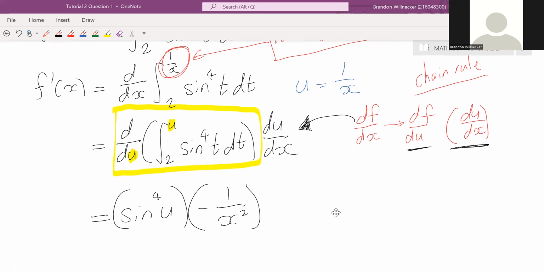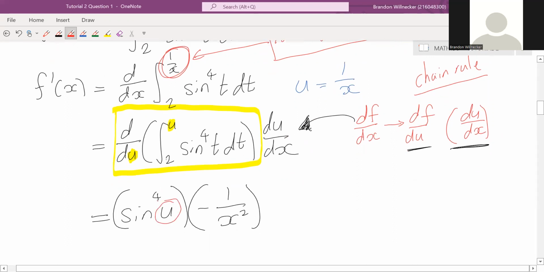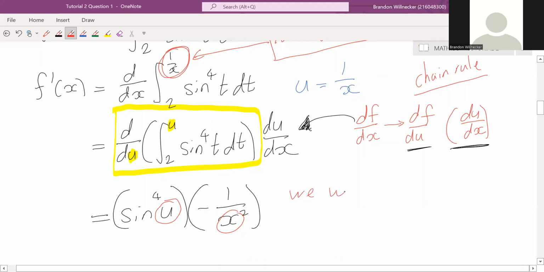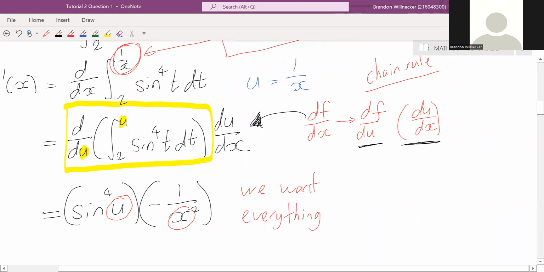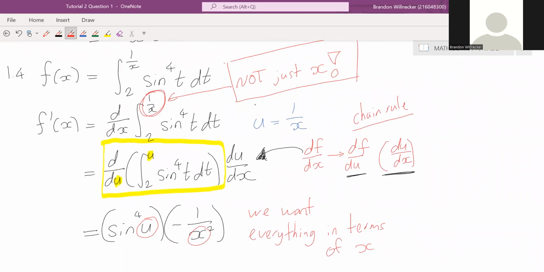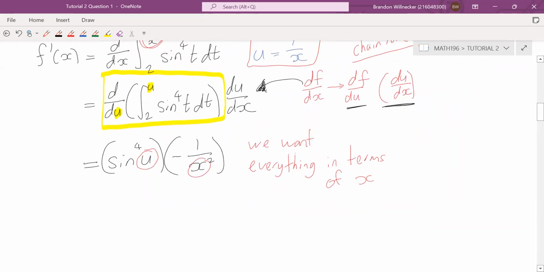But we're not done yet, because here we have a u, but here we have an x. So we want everything in terms of x. So instead of u, I'm now going to put 1 over x, because that's what we had over here.